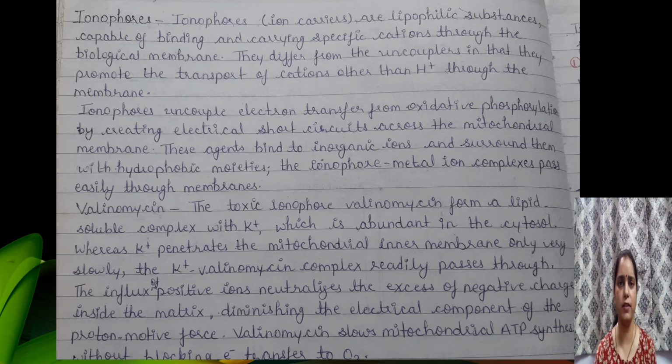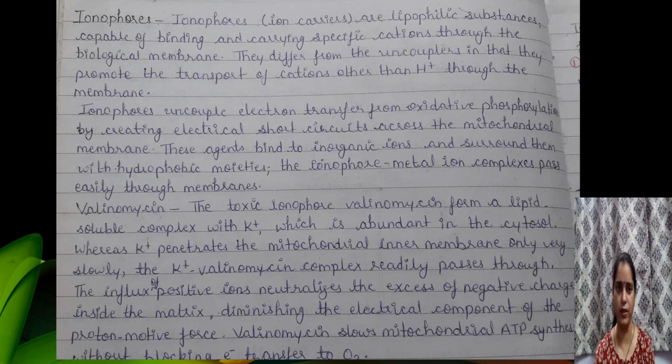Ionophores, also known as ion carriers, are lipophilic substances. They are capable of binding and carrying specific cations through biological membranes. In the case of uncouplers, they transfer protons, but ionophores differ from the uncouplers in that they promote the transport of cations other than protons through the membrane.